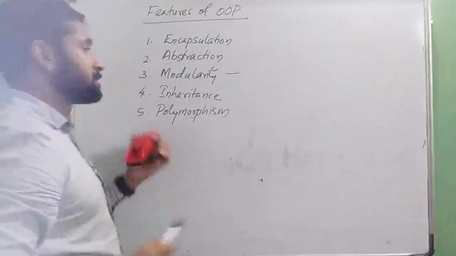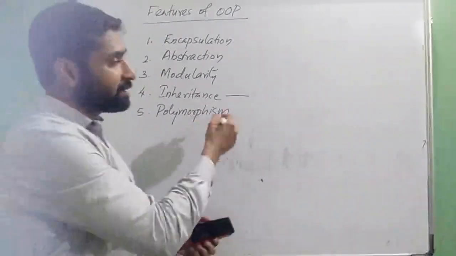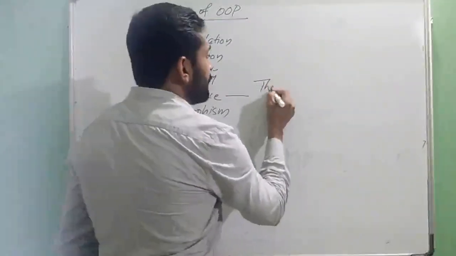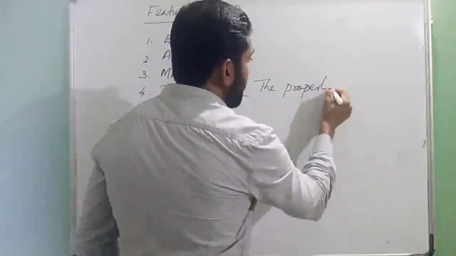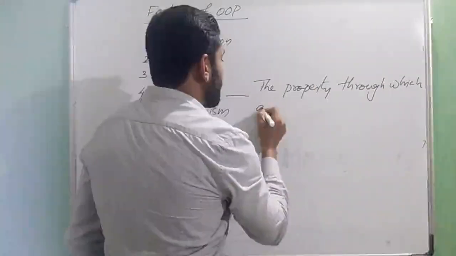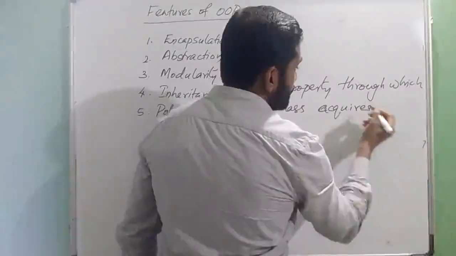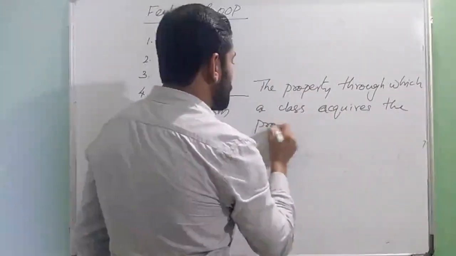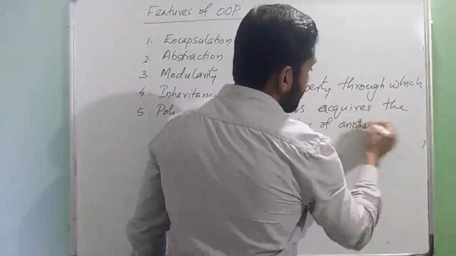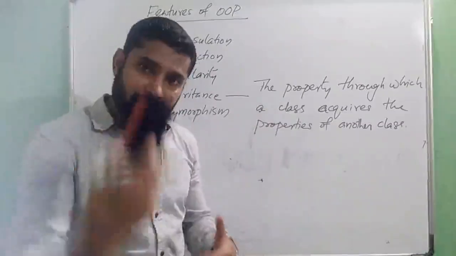Then comes inheritance. Another feature of object-oriented programming is inheritance. Inheritance is the property through which a class acquires the properties of another class, or the ability to inherit the properties of one class to another is called inheritance.